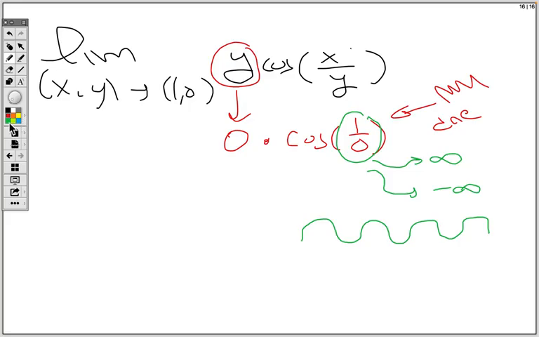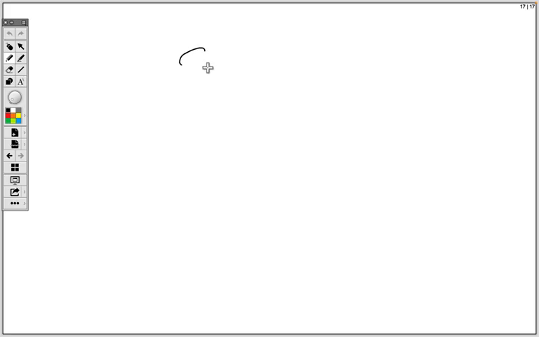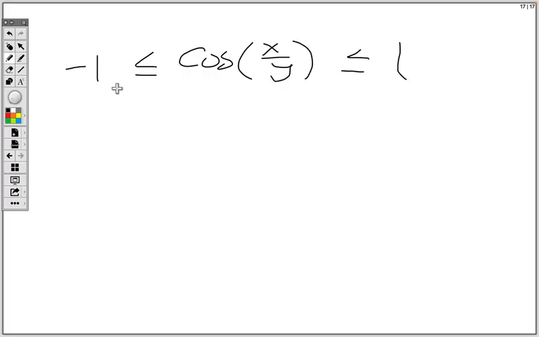However, that being said, we know that no matter what, cosine is going to be trapped between -1 and 1. And so here's how we set up the squeeze theorem. We know that the cosine of x over y is always going to be between 1 and -1.